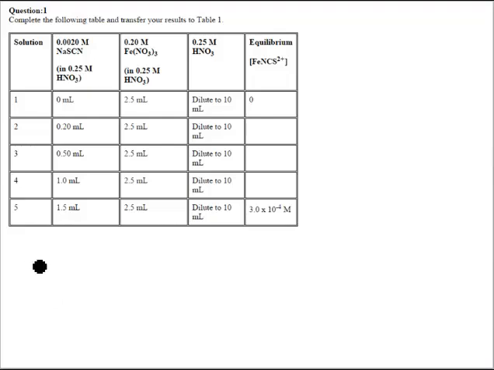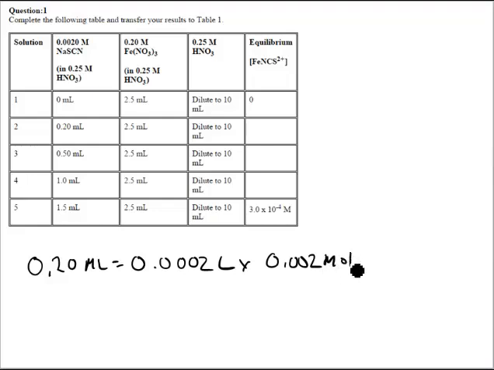For example, solution 2, so we have 0.20 milliliters. Well, that equals 0.0002 liters, then, times the molarity of that solution. It tells you it is 0.002 moles of the NaSCN per liter of solution.